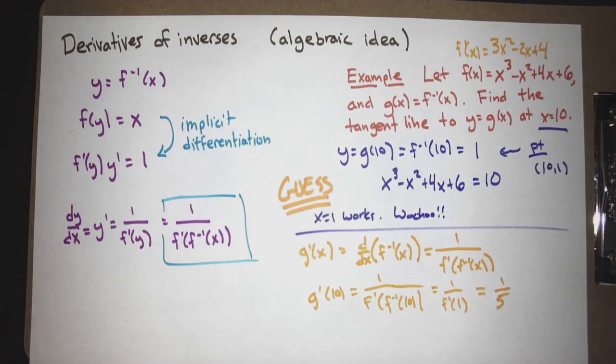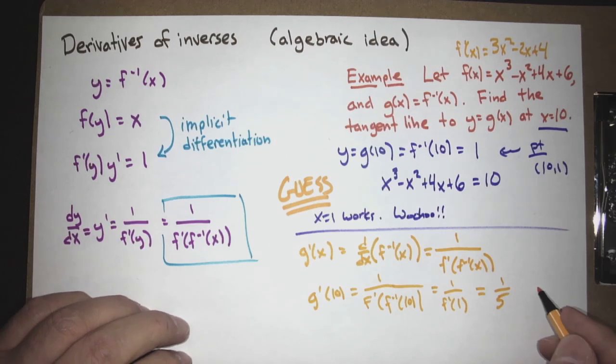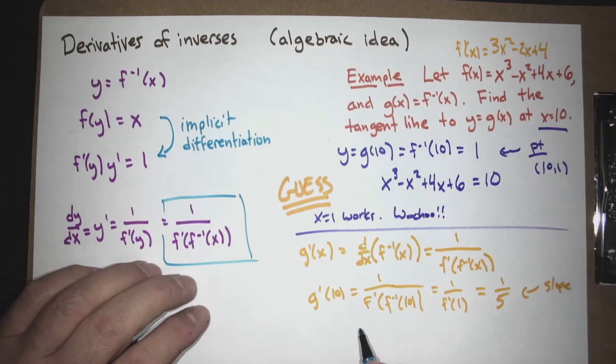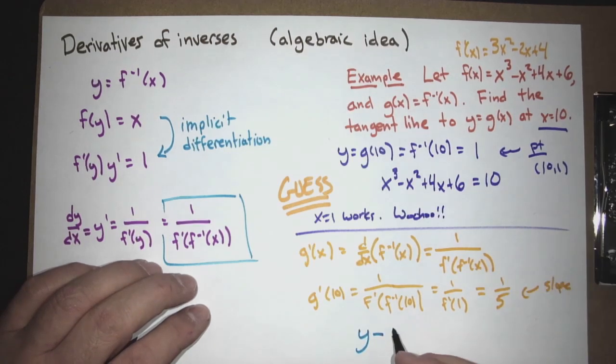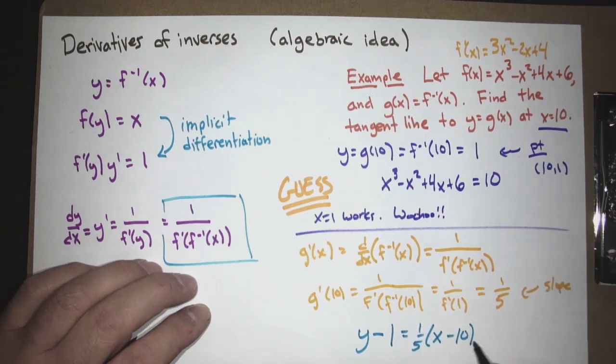So now you've got your point. You've got your slope. So just as a reminder, this is our slope. And so our curve, we have y minus the y value of 1 is equal to 1/5 x minus your x value of 10.